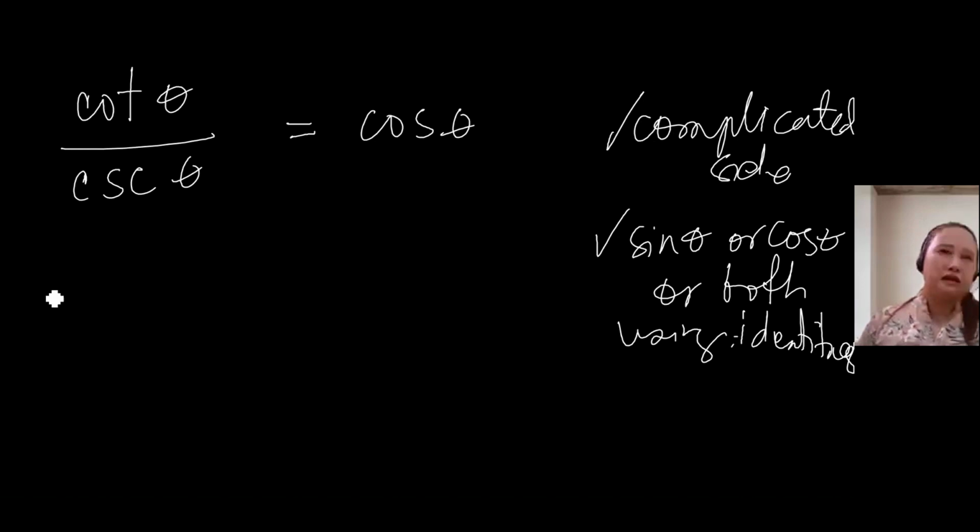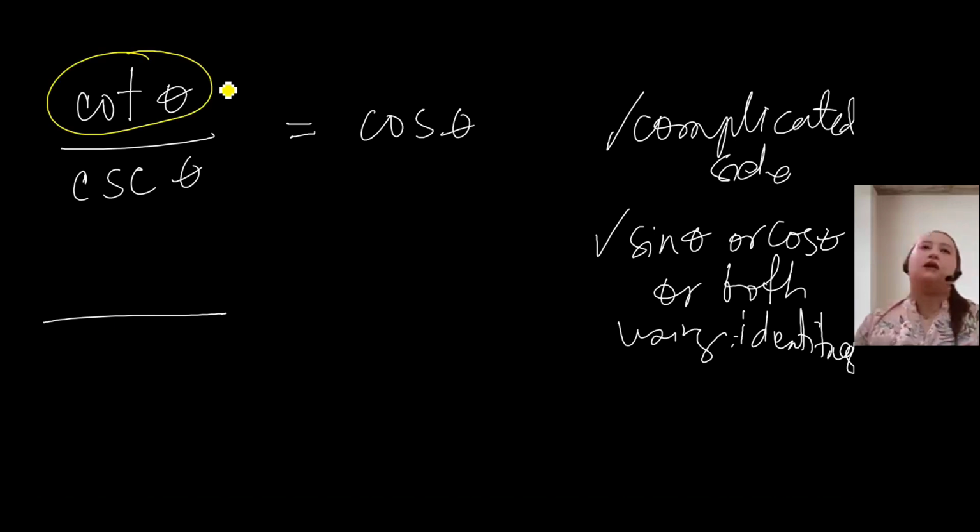So the cotangent theta, by using the quotient identity, is equal to cosine of theta over sine theta.